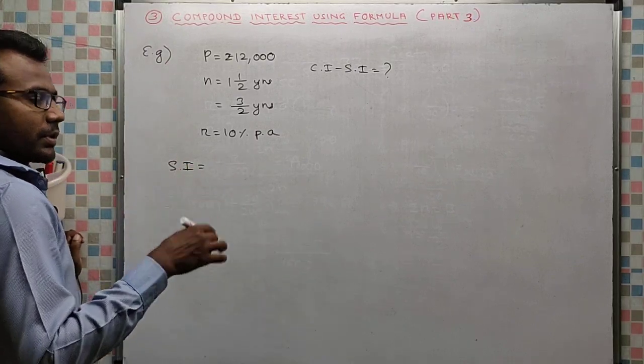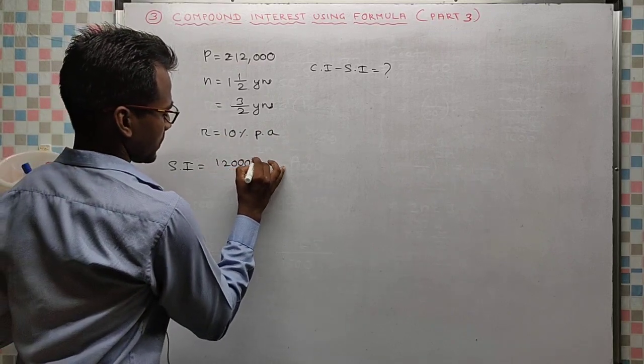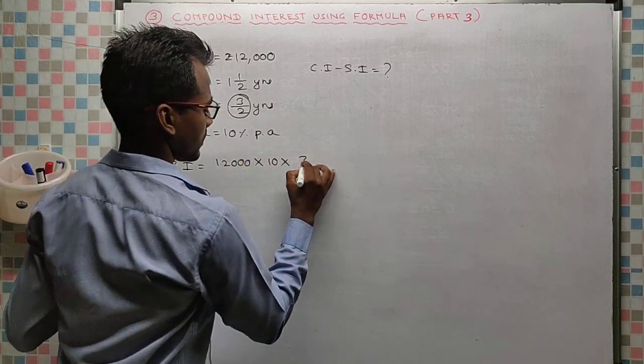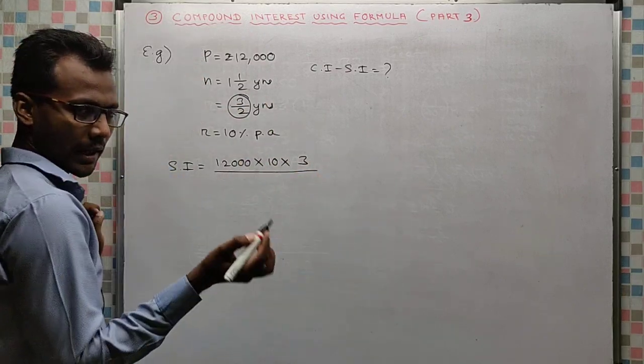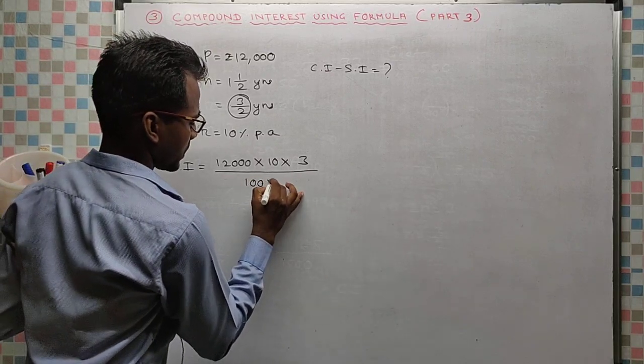SI is PRT by 100, principal into rate into time by 100. Principal is 12,000, rate is 10%, time is 3 by 2 years. Here I am writing 100 into 2.